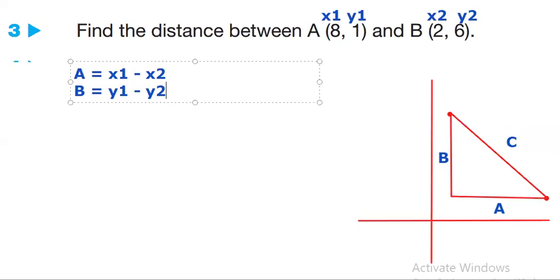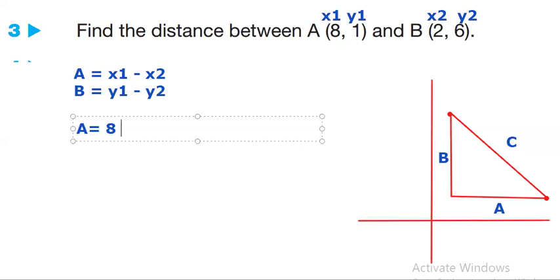First, let's find A. So x1 minus x2. x1 is 8, x2 is 2. So we're going to say A equals 8 minus 2. So this means that A equals 6.